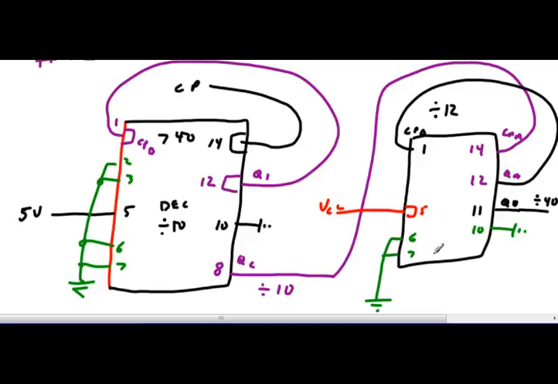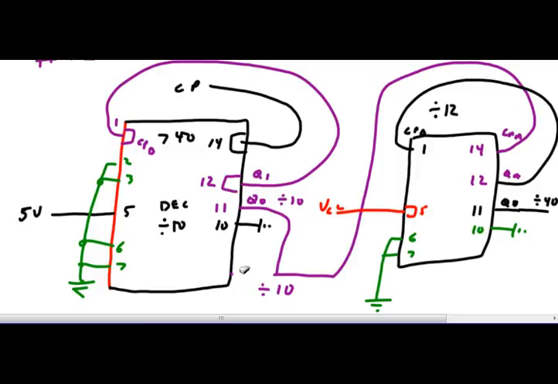And if I come out QD, I'm going to divide by 12. But I don't want QC, I want QD. That's what somebody was going to complain about real quick, I can tell. So QD is pin 11. QD is my divide by 10 spot. I was getting a divide by 8 out of my divide by 10 counter, and that's not what I wanted.